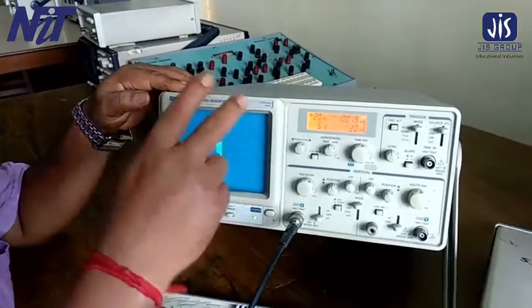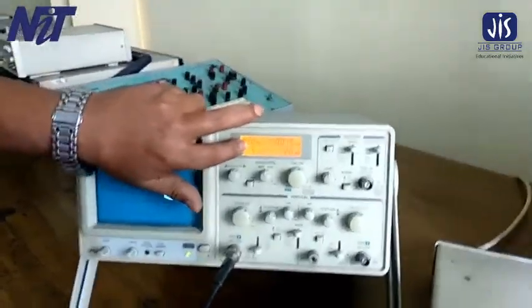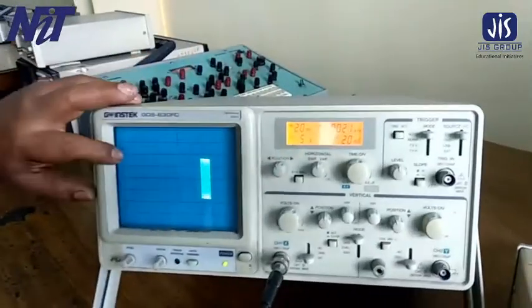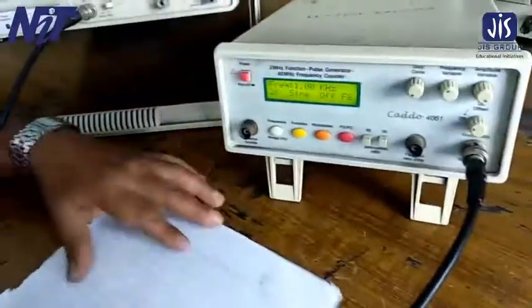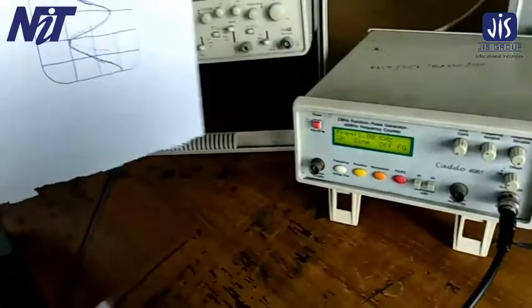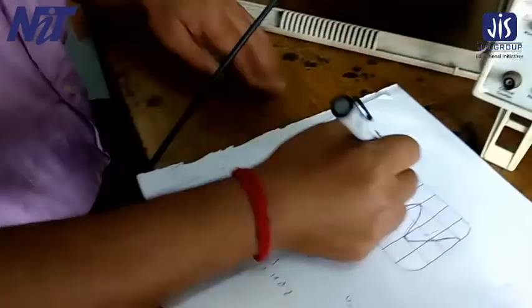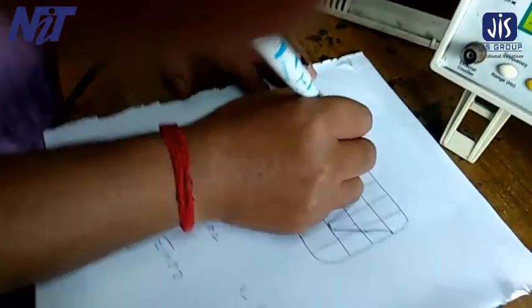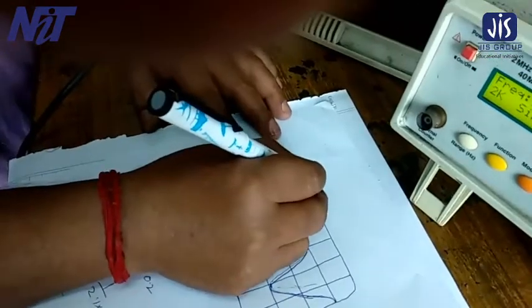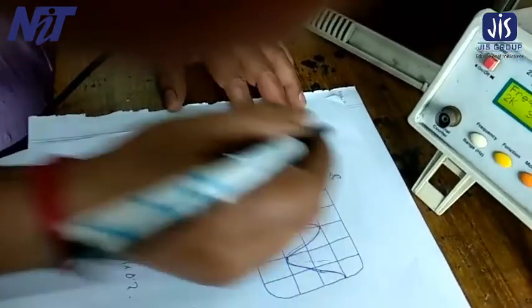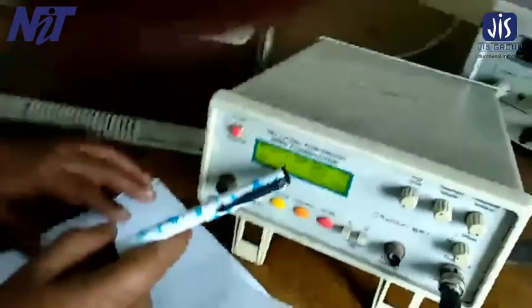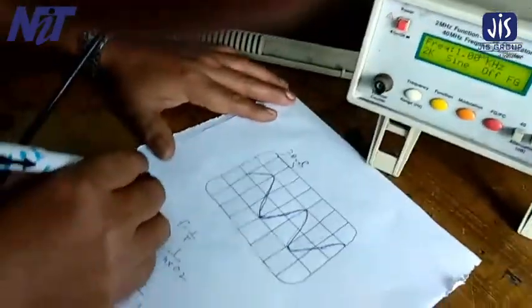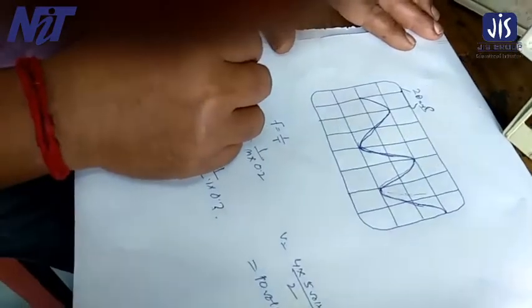Now if your time base is at 20 millisecond, that means every big division has a value of 20 ms. Okay, now you have to find a signal which has a standard time period of 1 millisecond.